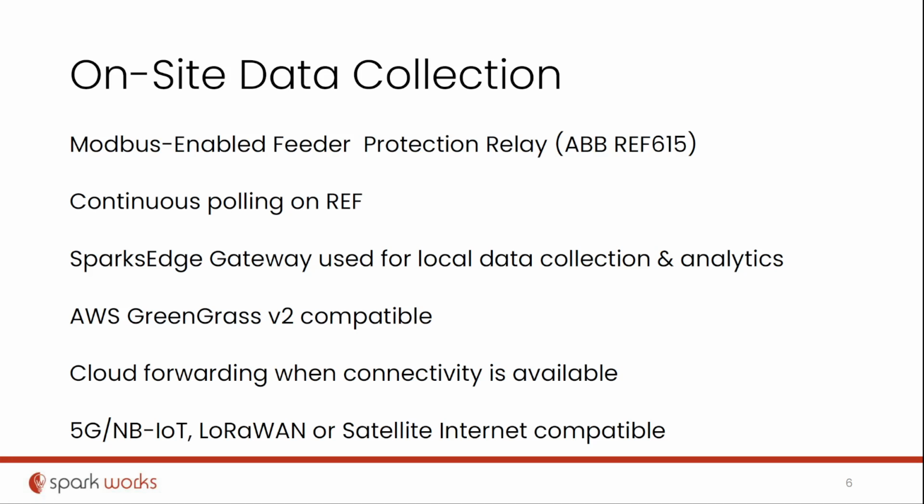And we have a Spark Edge gateway installed for the local data collection and analysis, a device that is compatible with Amazon Greengrass version 2 system that can forward data to the cloud at all times, even when connectivity is not available.